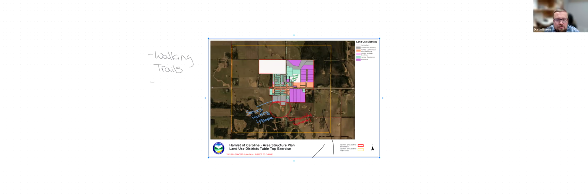And it would also be pretty close to, and easy to connect, a walking path of sorts from the path that's already going to the heritage site there, the museum.